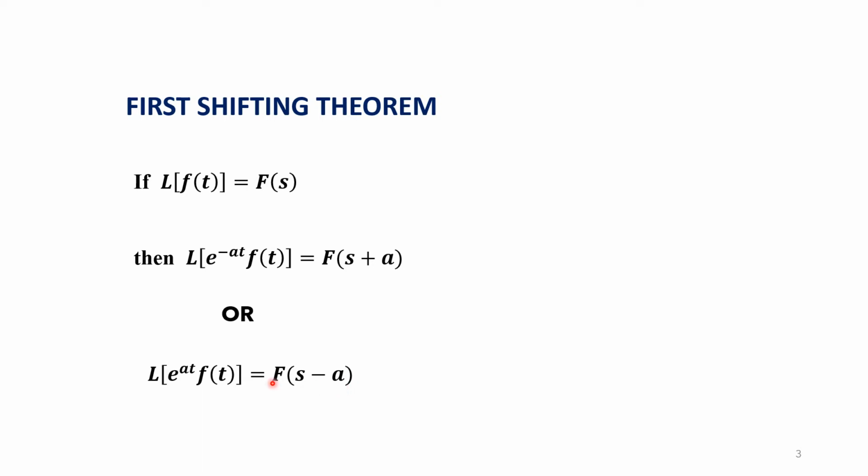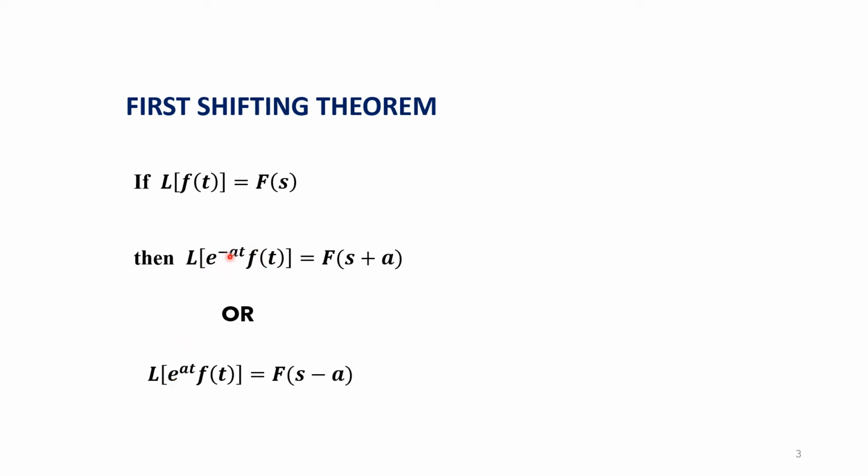So what we have to do is, when you're given such a type of function, whatever is the function other than e raised to, calculate the Laplace transform of that function. And whatever answer you get for that Laplace transform, replace s by s plus a or s minus a according to the function given.